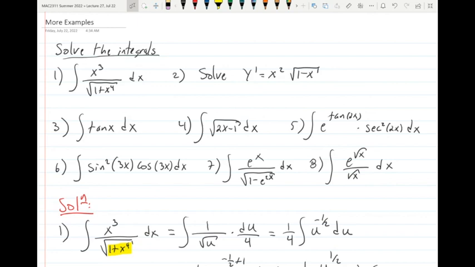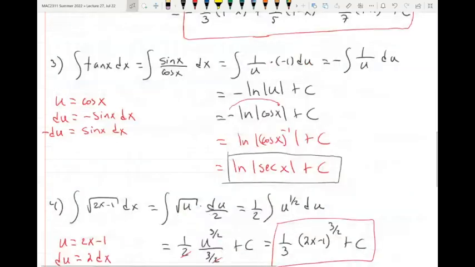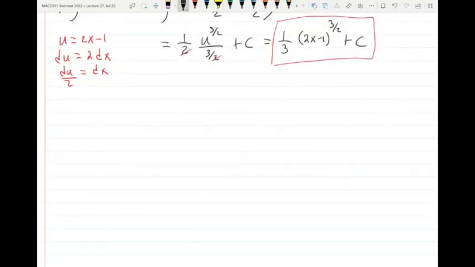All right. So let's see. Let's do number 5. So that was e to the tangent of 2x times secant squared of 2x dx.